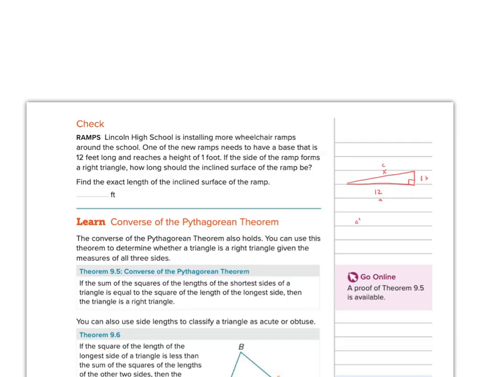So you would have A squared plus B squared is equal to C squared, or in this case, 144 plus 1 is equal to C squared. C squared is equal to 145. Find the square root of both. C is equal to the square root of 145, which is approximately equal to a very 12 point something.